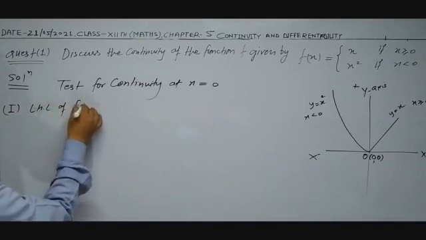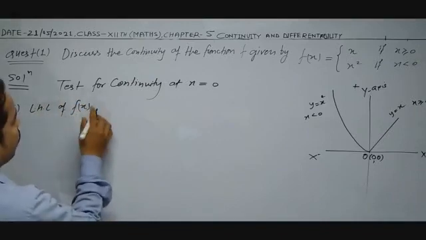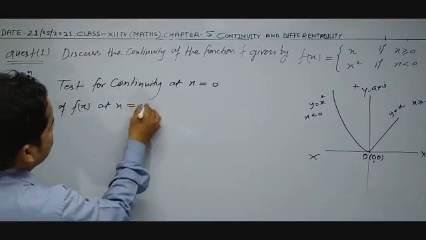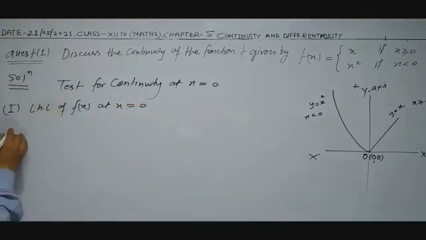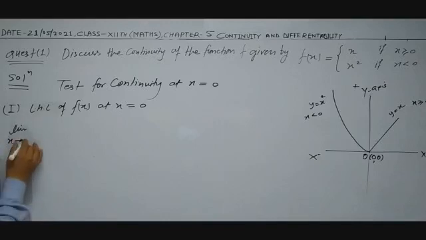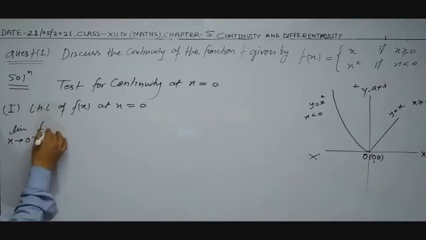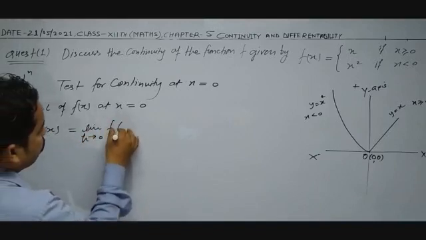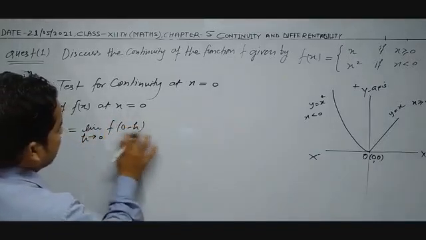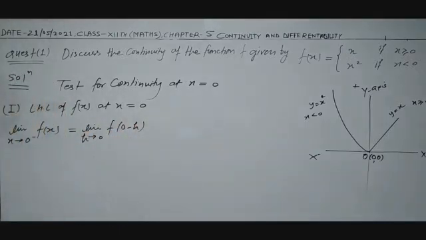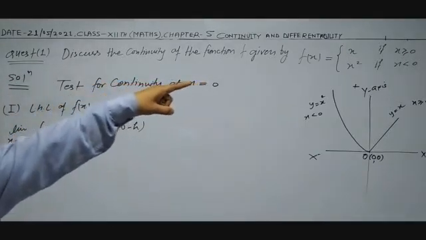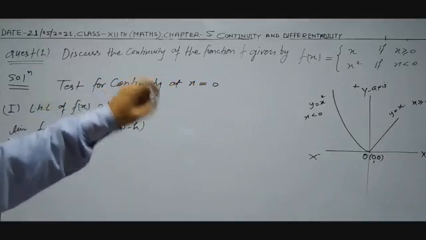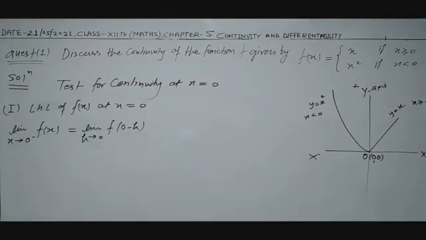LHL of f(x) means the left hand limit of f(x) at x = 0. This can be written as limit x tends to 0 minus f(x), which is limit h tends to 0 of f(0 minus h), and for less than 0 the function is x square.